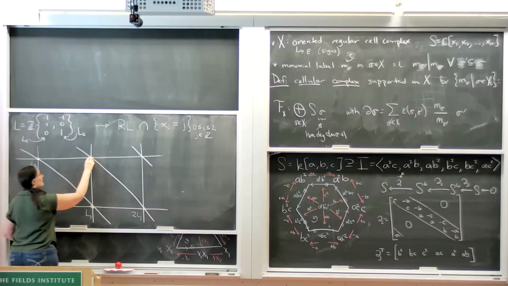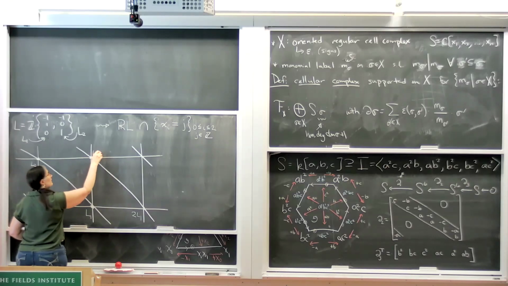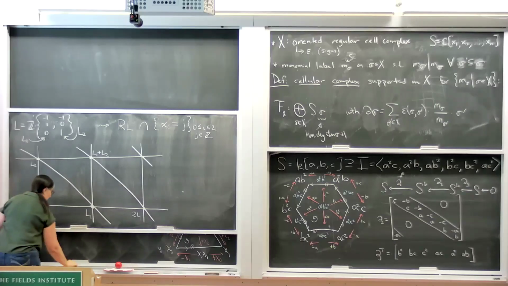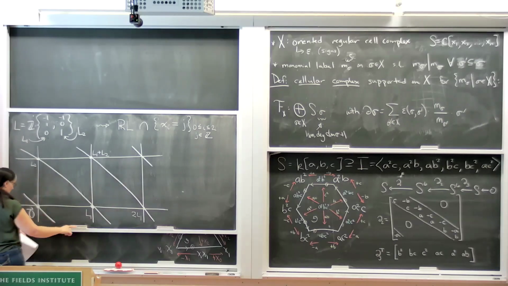This point is L1 plus L2. Like I'm literally just adding, using these as my standard basis, right? And I'm writing now these intersection points are my like integer lattice coordinates. Okay. So why should this be right? Well, think about if we look at L1 now.